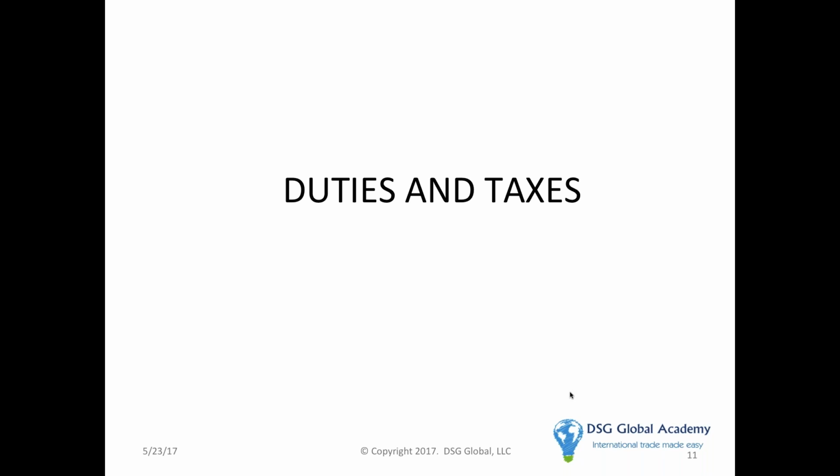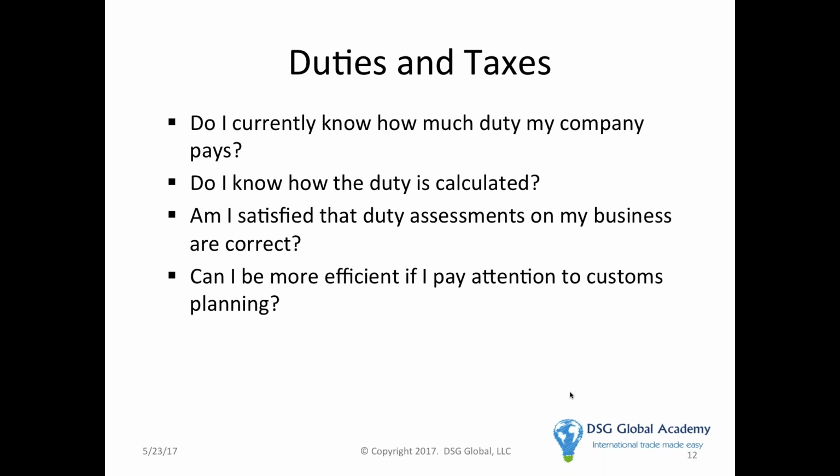However, when it comes to customs duties, I've seen many logistics managers just get the bill, sign it, and send it to accounts payable. So duties and taxes is a very important area that I'd like you to potentially look at. And it's only once you look at it and know how much you're paying that you can decide ways and strategies to reduce your global customs duty spend.